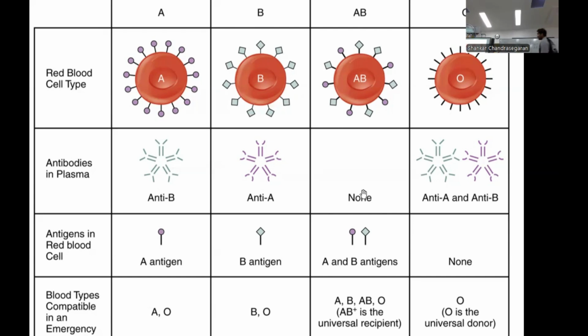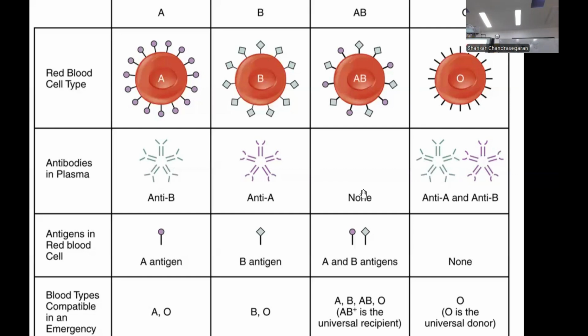So AB cannot donate to A or B because of the fact that they have that counter antigen present on them as well. That will trigger the immune response of one or the other because they basically have the counter of each other, right? So if AB is donated to a person with B, then the A antigen on the red blood cell will trigger an immune response in this person.